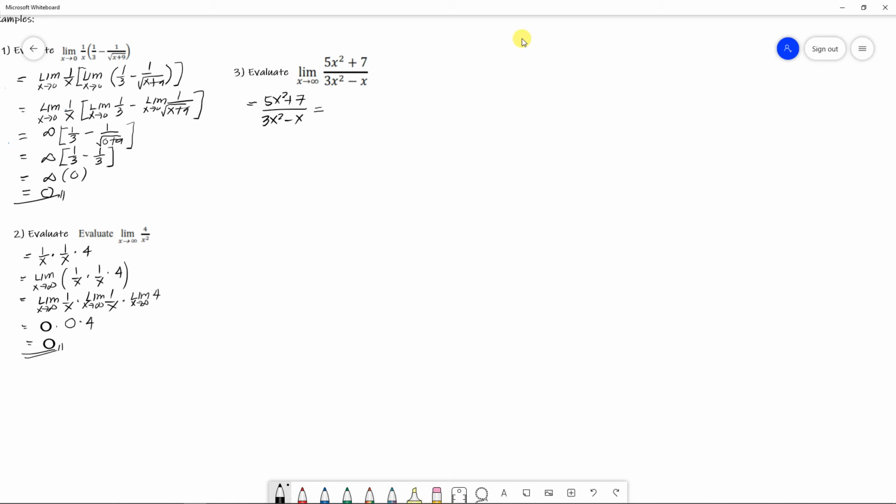Factorable ba? Okay, minsan kasi pag hindi na siya factorable, hindi na natin magagawa ng paraan. Yung numerator actually non-factorable na siya, no? Kasi walang common or greatest common factor between the first term and the second term. But on the denominator, there is a common factor of x. So we have 3x minus 1.